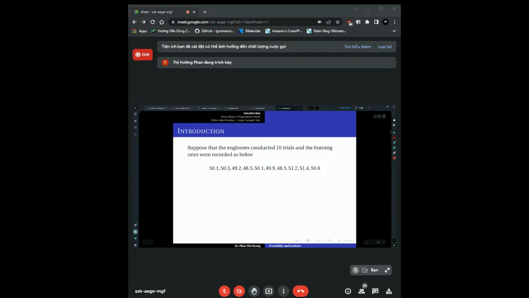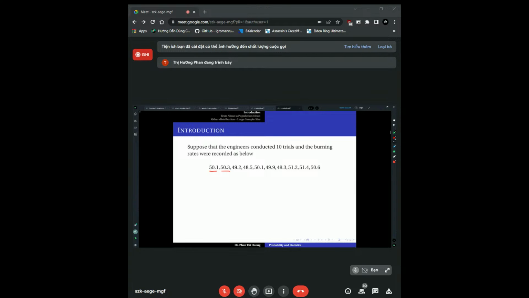Suppose that the first time they record a burning rate of 50.1 centimeters. The second time, suppose that they record 50.3 centimeters, and then 49.2 centimeters.